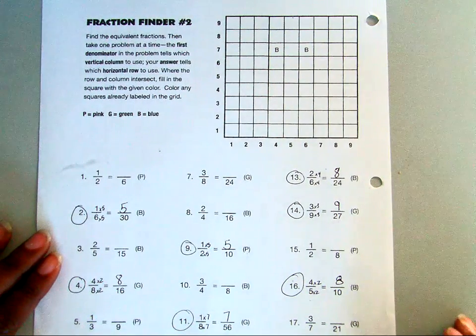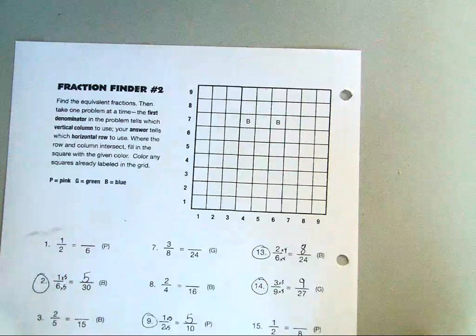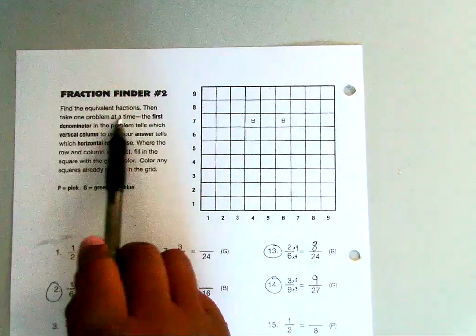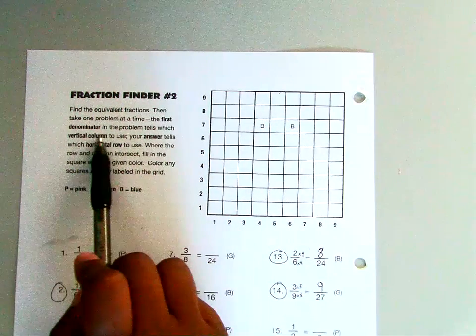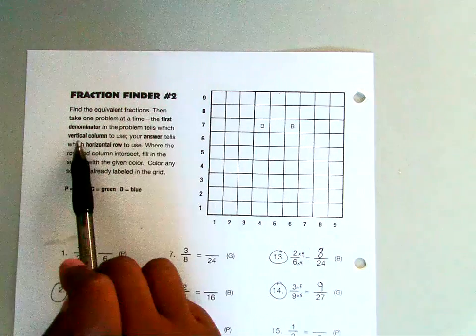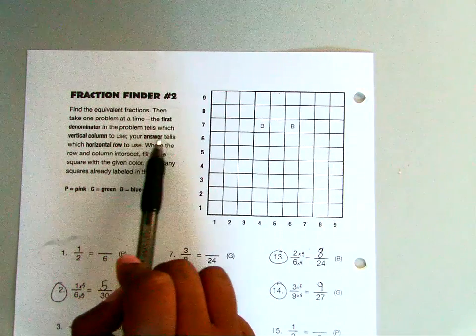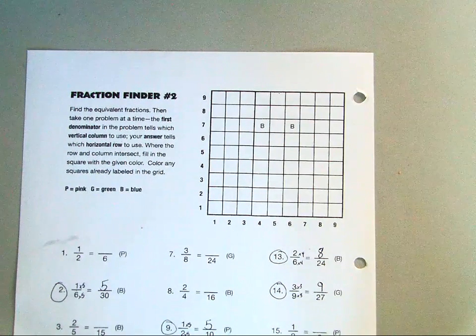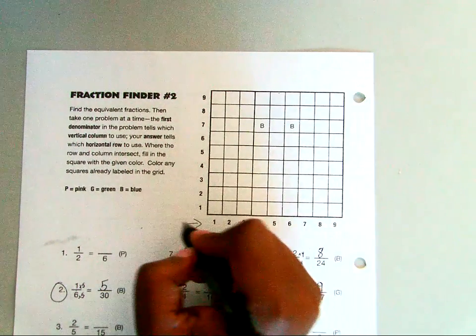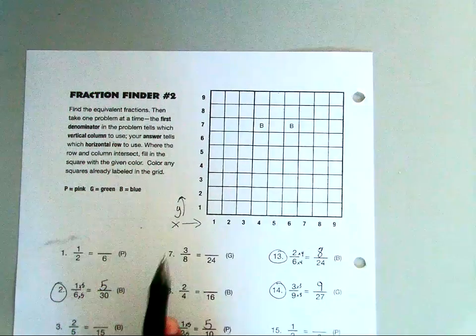Now, to show you how to fill in the fraction finder, it gets a little confusing, but the directions tell us to take one problem at a time. The first denominator in the problem tells us which vertical column to use. Your answer tells us which horizontal row to use. Okay? So this is like your x-axis, and this is like your y-axis. So you always do x first, then y.